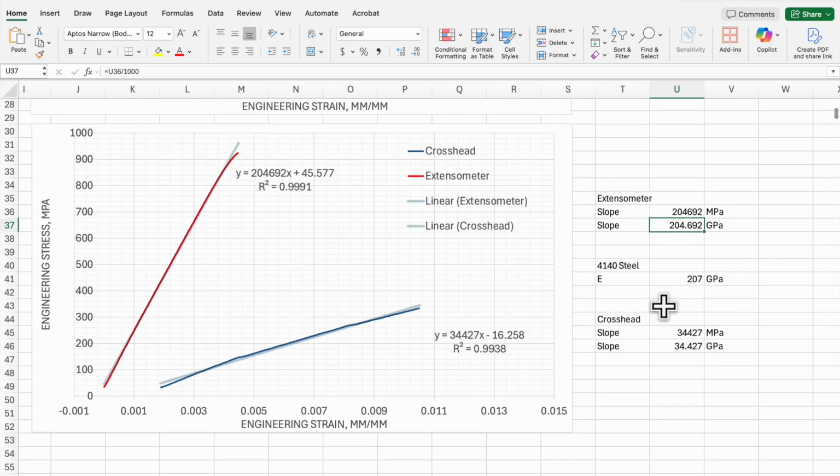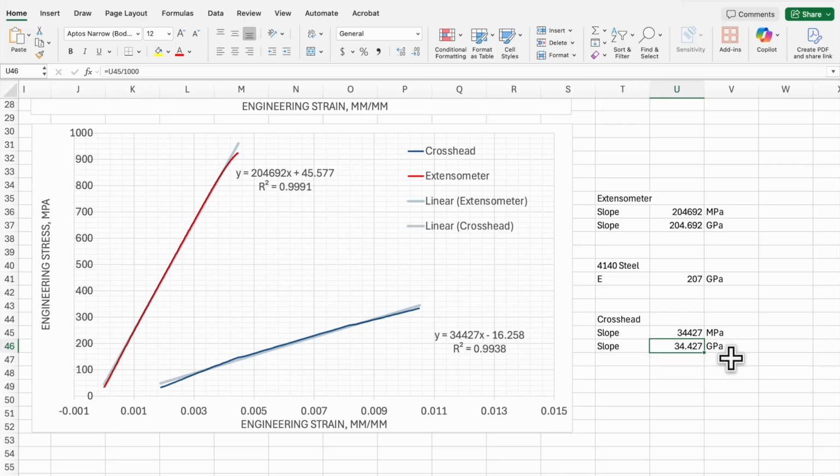And for the crosshead, that 34,427 is in megapascals. Divide by 1,000 to get gigapascals. The reason I'm converting to gigapascals is that, if we remember, our expected value for 4140 steel was an elastic modulus of 207 gigapascals.